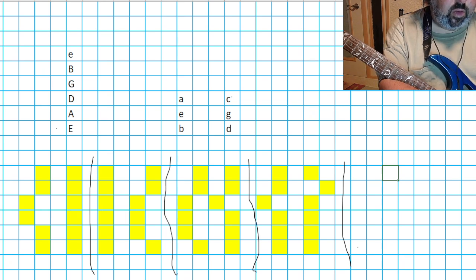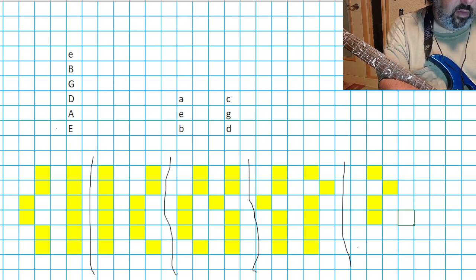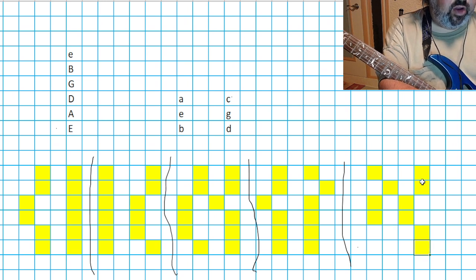Let's go make our final box here. I don't know if I did that right here. And this right here has to match there, and it does. And so we're doing that and that.